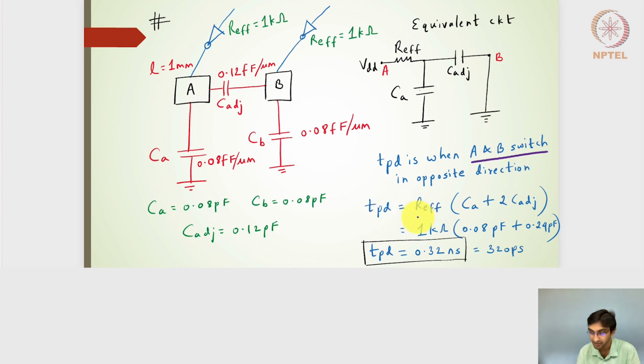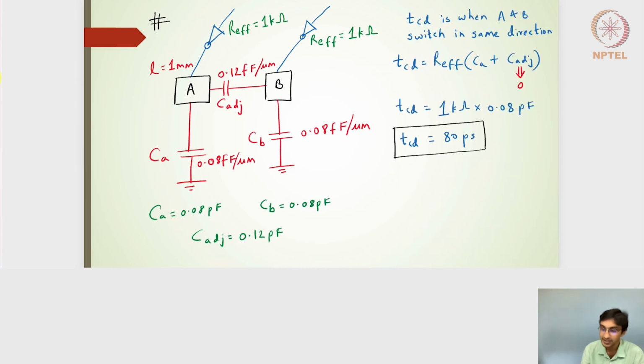In that case, TPD will be R switching of A, labeled as R effective here, multiplied by CA plus 2C adjacent. So it is 0.08 picofarads plus 2 times 0.12 picofarads, which is 0.24, so 0.32 nanoseconds, or 320 picoseconds. That will be the propagation delay.